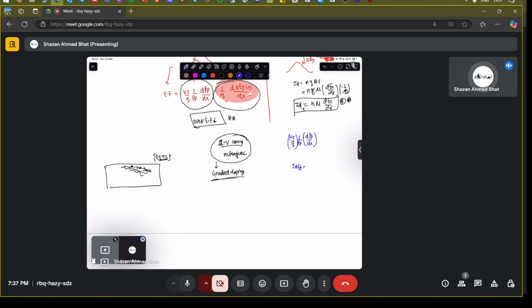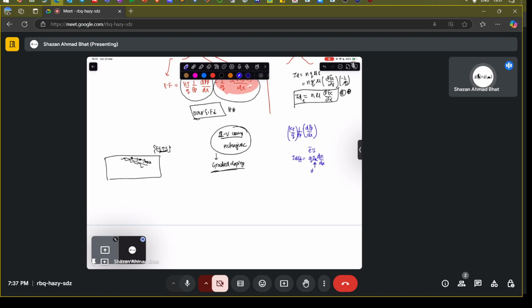If we write the diffusion current for electrons, we can write it as Q D_n dN over dx, where D is the diffusion coefficient.